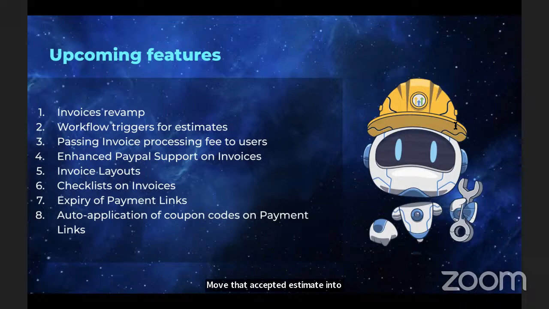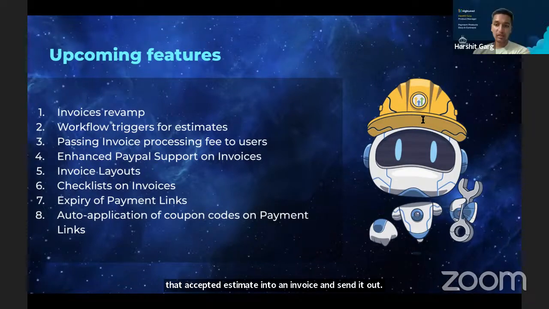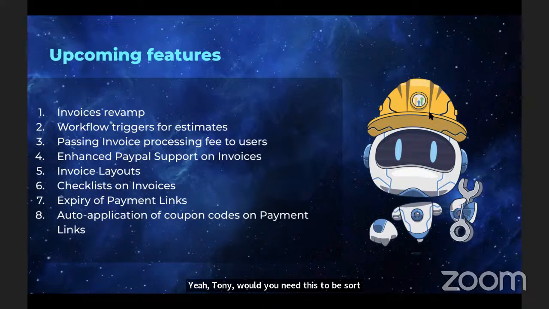Okay, thank you. Tony, would you need this to be automated as well? I think so. If you have people in the field that are doing estimates there and then, and the client accepts it, that it then turns into an invoice that they can accept the payment on. Got it.